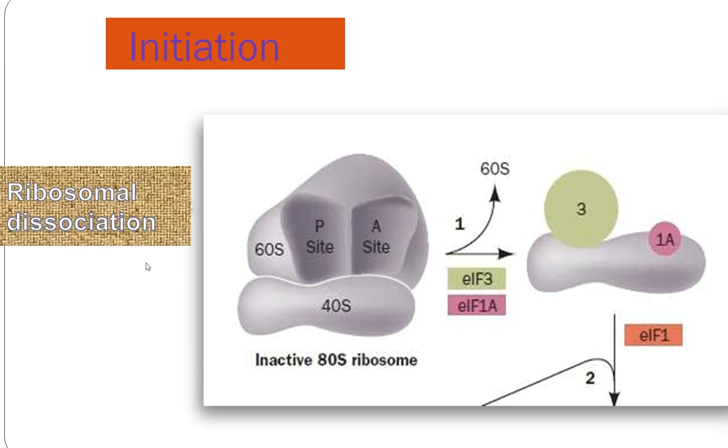So, in initiation, the first step is ribosomal dissociation. Here we can see the inactive 80S ribosome of the eukaryote.